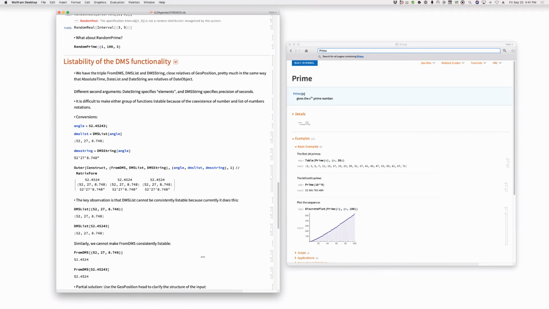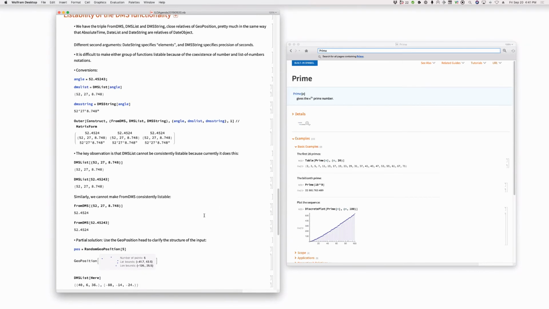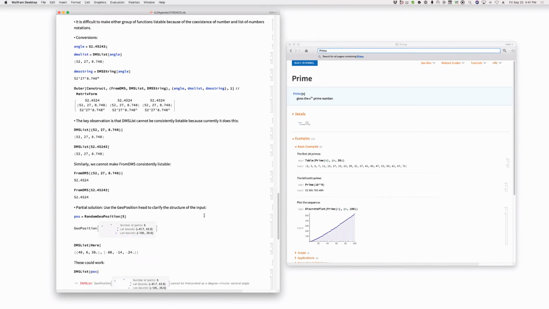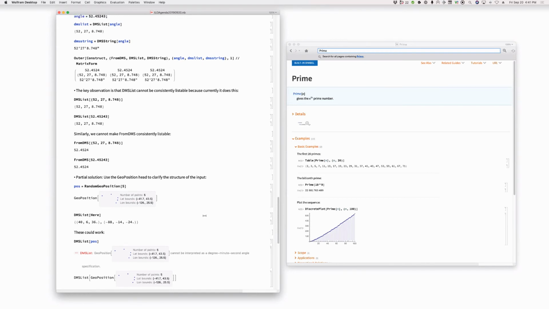And the problem is that because we support simultaneously numbers and lists of numbers, listability becomes complicated. So in this example there, where there is the outer product, we see that the three functions from DMS, DMS list, and DMS string are able to take the three formats, and they consistently return the same thing. So for example, DMS list can both take a number and a list, and for the list, it will return the list itself and not go inside and do the three numbers.